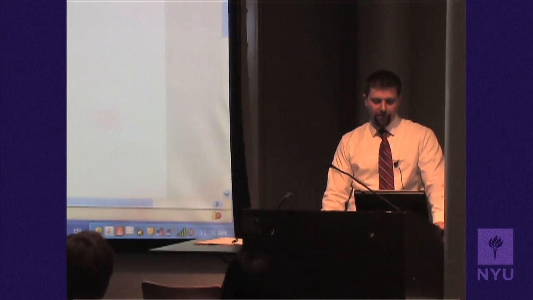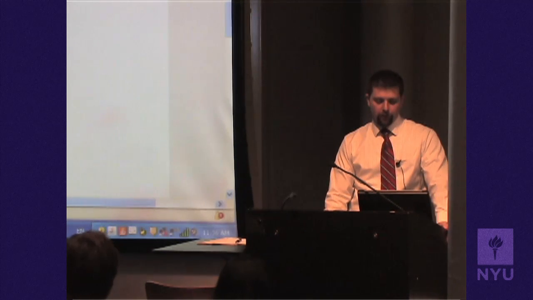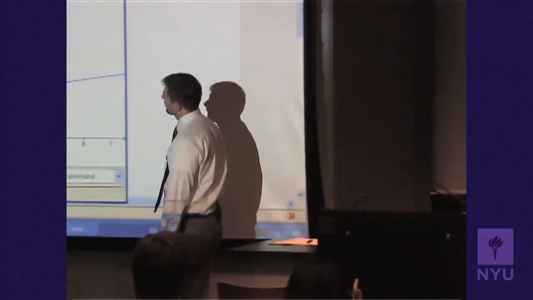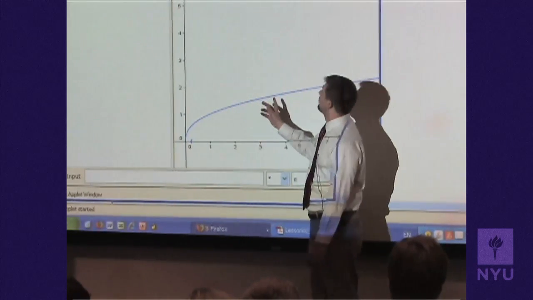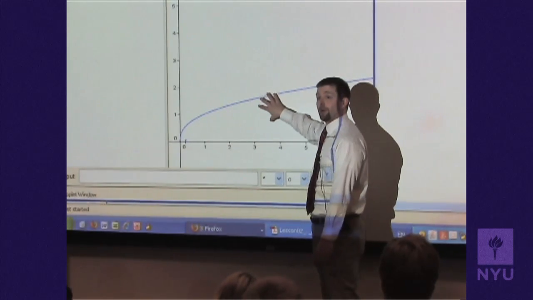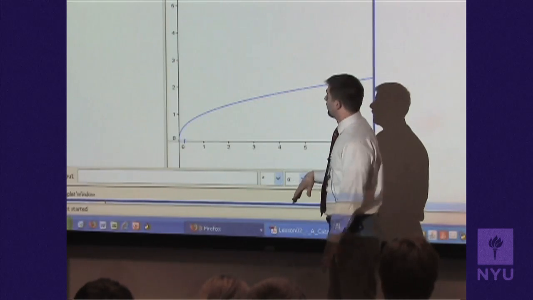If the power is in between 0 and 1, then these are all going to be fractions, and so their graphs are going to look like roots. The cube root function would be the inverse of the cubing function, and so its graph would look like a reflection of the cubing function.